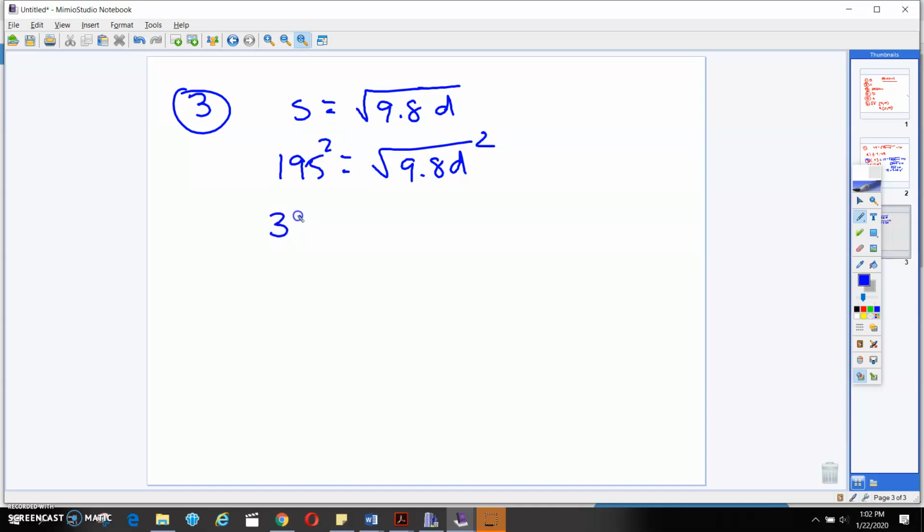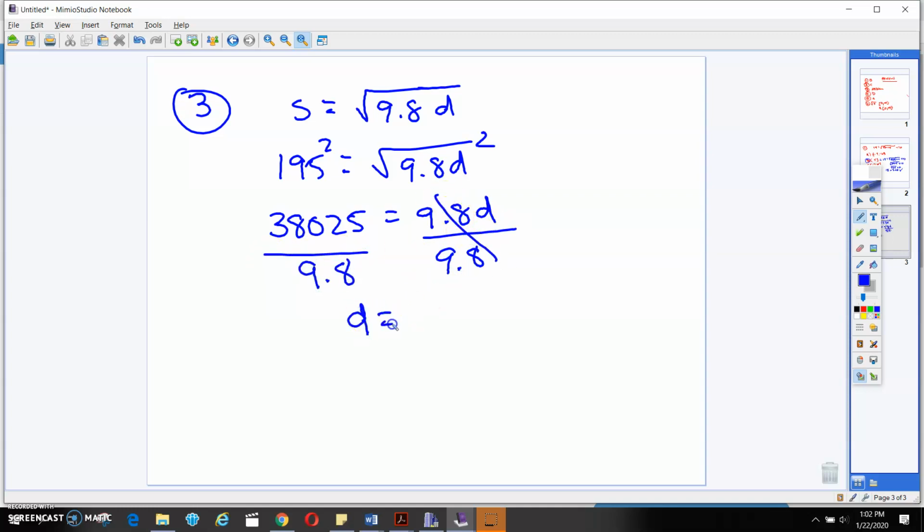That's going to give me 38,025. And on this side, I'm going to get 9.8D. So I'm going to divide by 9.8 on both sides. And when I do that, I'm going to get D equals 3,880 meters. Yes. All right, number 4.